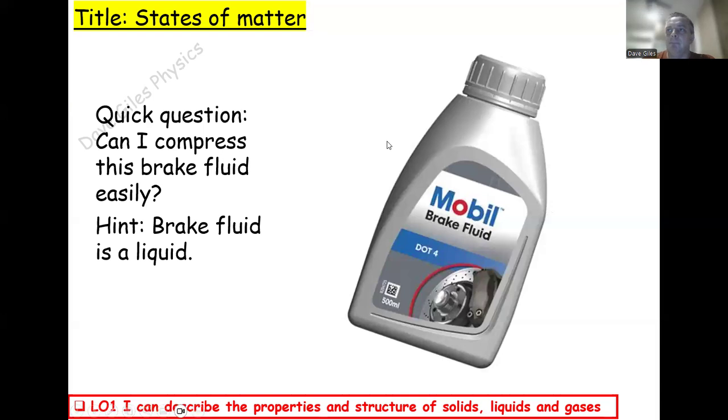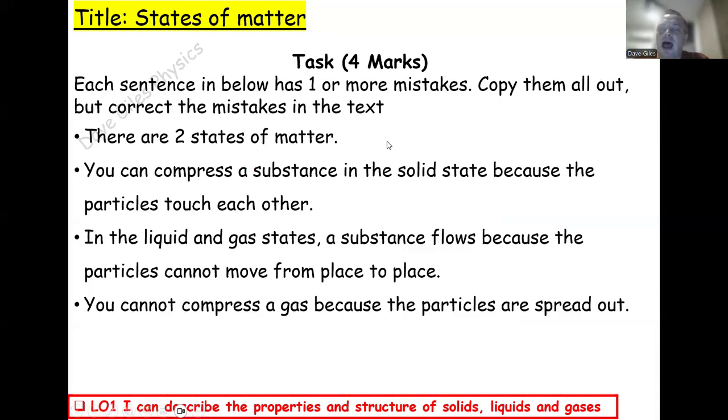So, next quick task. I've got 4 statements here about particle structure. There's a mistake in each one of these sentences. Give you a few seconds to think of what the mistake is. Okay, so the first one's pretty obvious.